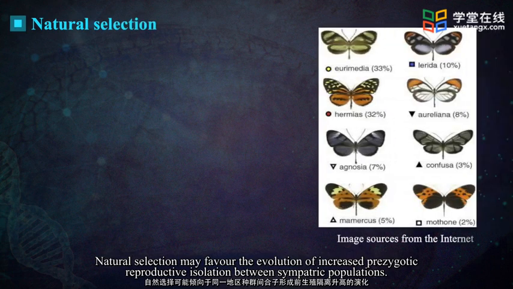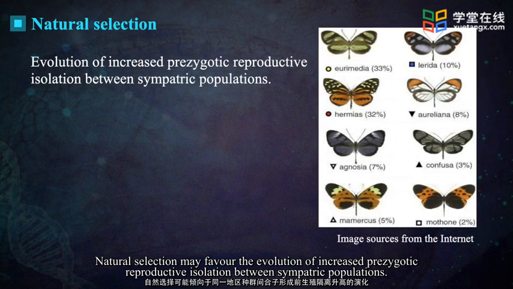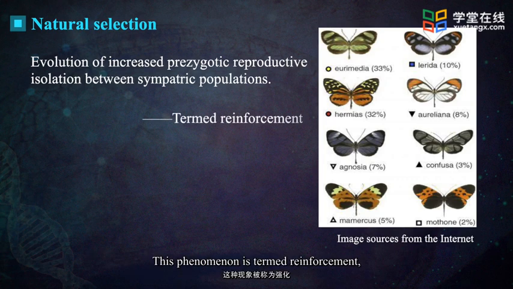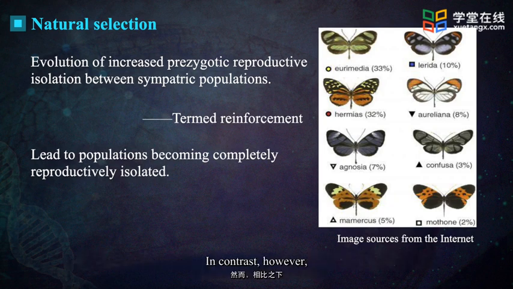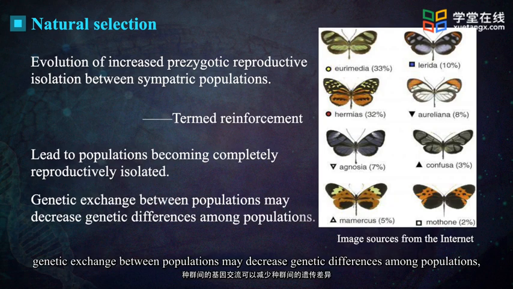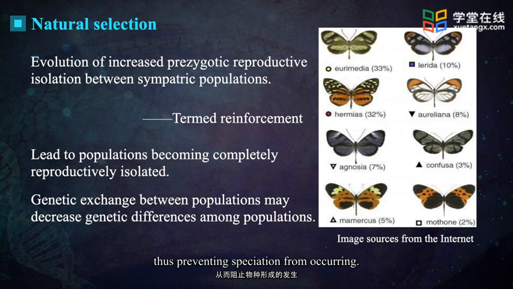Natural selection may favor the evolution of increased prezygotic reproductive isolation between sympatric populations. This phenomenon is termed reinforcement, and it may lead to populations becoming completely reproductively isolated. In contrast, however, genetic exchange between populations may decrease genetic differences among populations, thus preventing speciation from occurring.